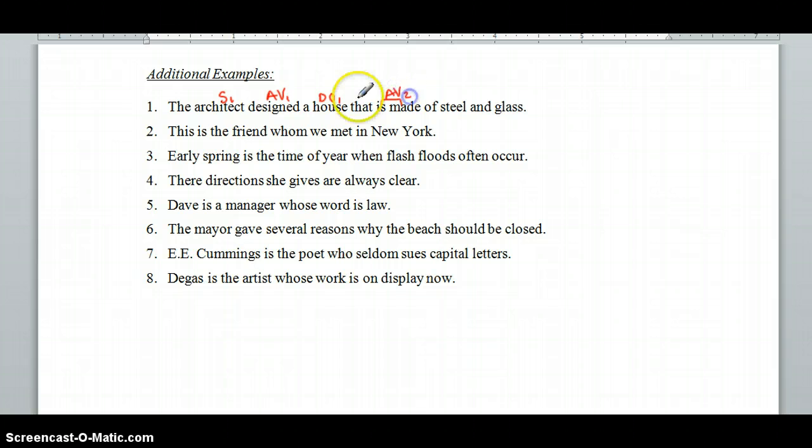Who or what is made? That. In this case, the relative pronoun that is telling me more about which house. This is the friend whom we met in New York. Whom we met in New York tells me more about which friend.